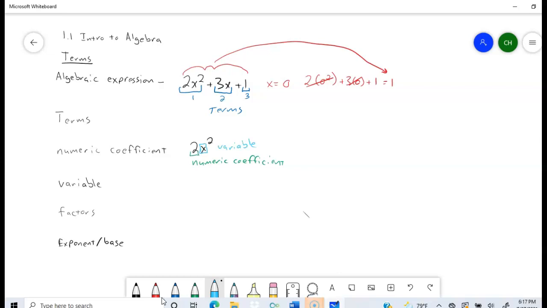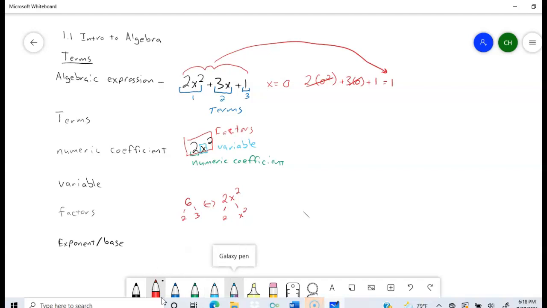Okay. So the variable is just the unknown. It just represents something that we don't know yet. The two of those things together, all of this, are factors. Kind of like, we'll do an example of 6 has two factors of 2 and 3. Okay? 2x squared has two factors of 2 and x squared. Okay, those two things are the same thing. It just looks funny because of that letter.